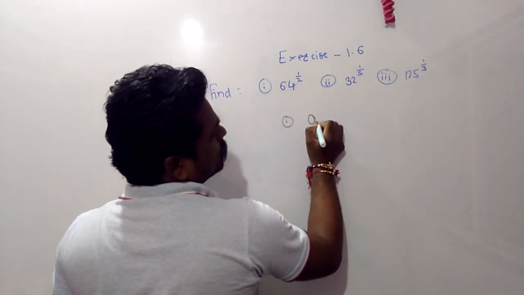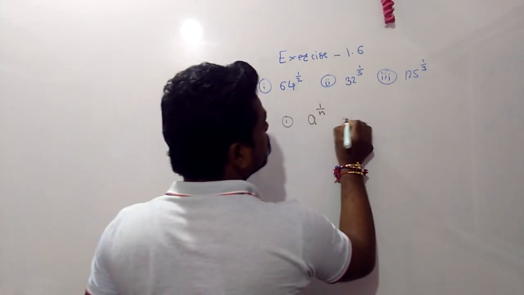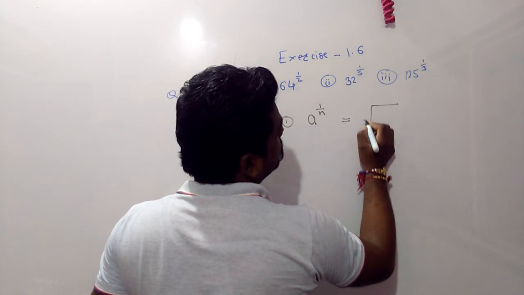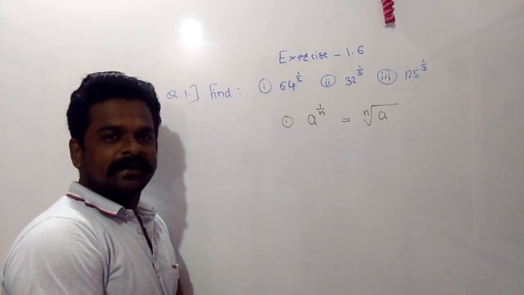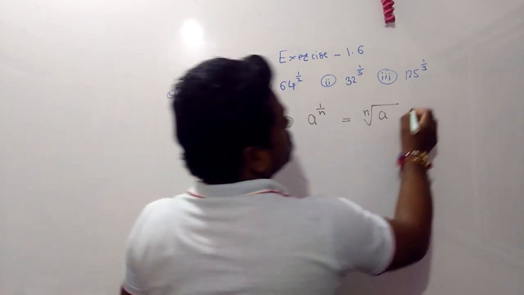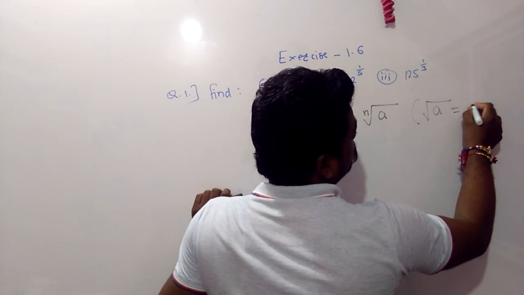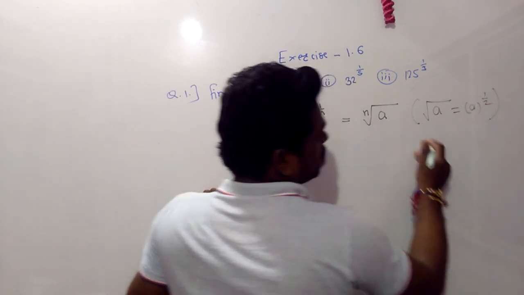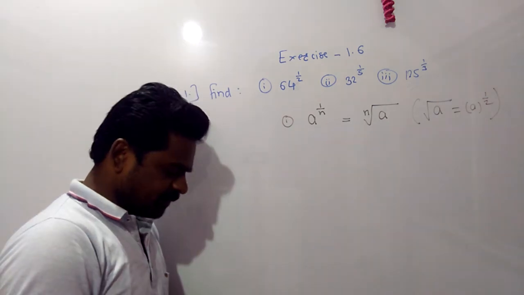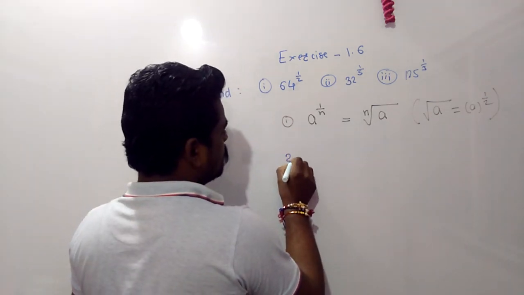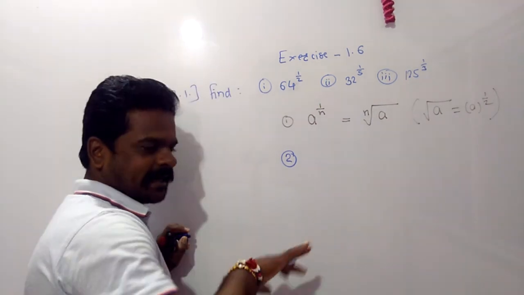Suppose a raised to 1 by n is there, then we can write it as the nth root of a. Under square root a is nothing but a raised to half. Under square root a is equal to a raised to half. Then number 2, a raised to 1 by n is equal to the nth root of a.